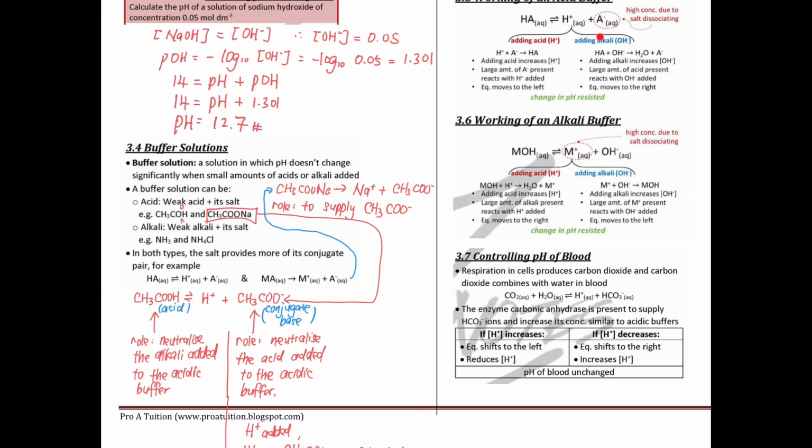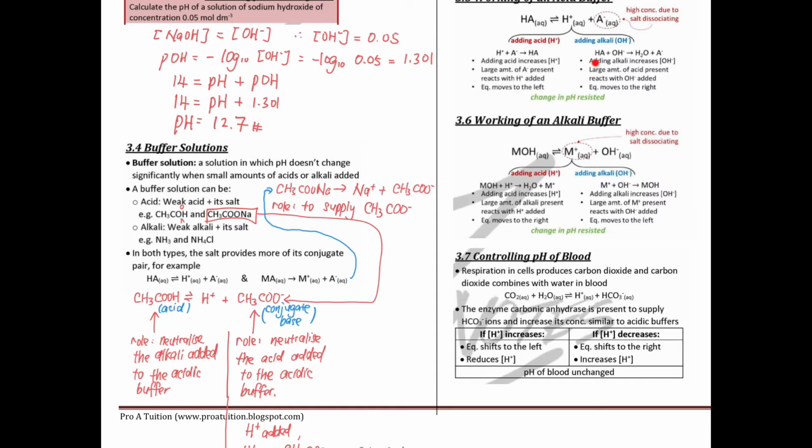If you add alkaline to the acidic buffer, who is going to neutralize the alkaline? Of course it is this guy. This is the acid. The acid is going to react with the alkaline added to the acidic buffer.